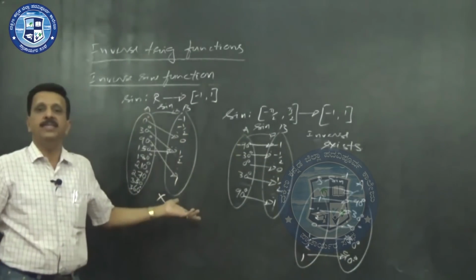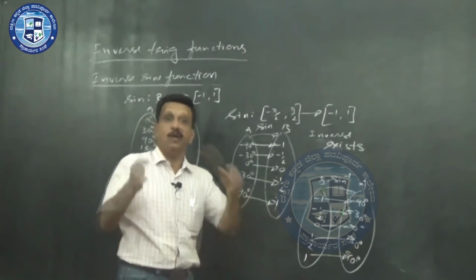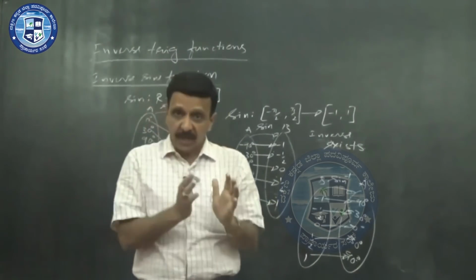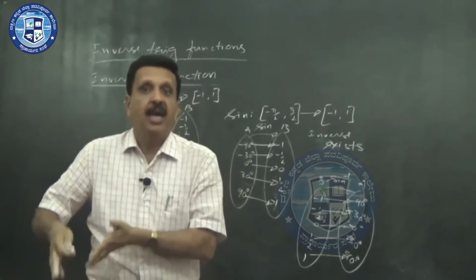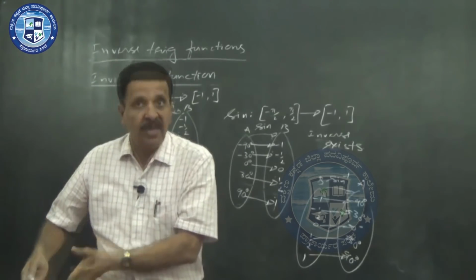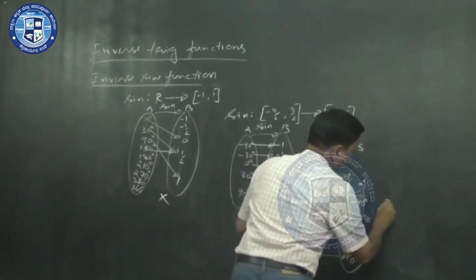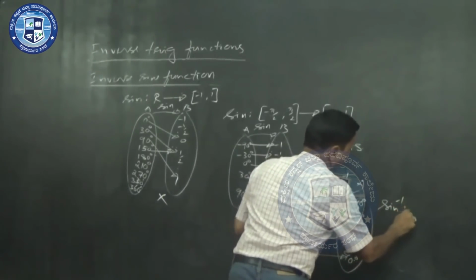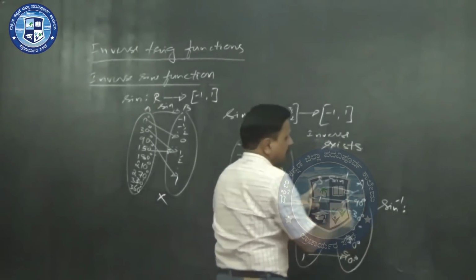So you find that inverse function exists, and inverse function is also a bijective function. That is quite obvious. For a bijective function, inverse is defined, and that inverse function is also bijective. So therefore this is written as sine inverse mapping set B to set A. What is set B?